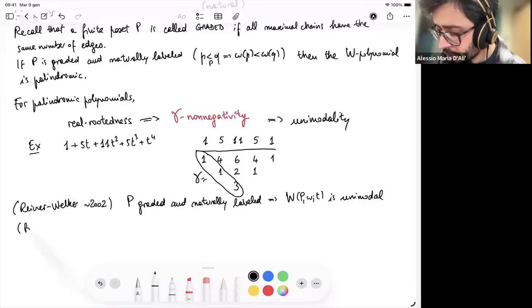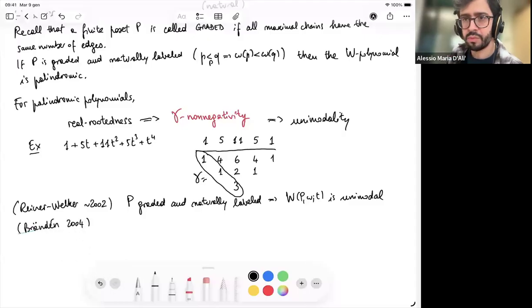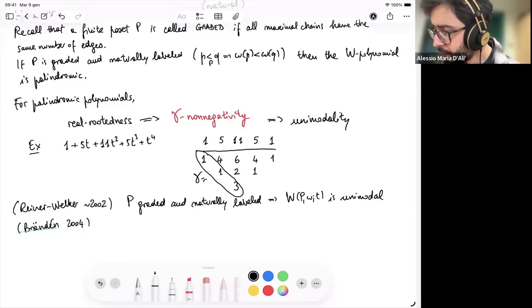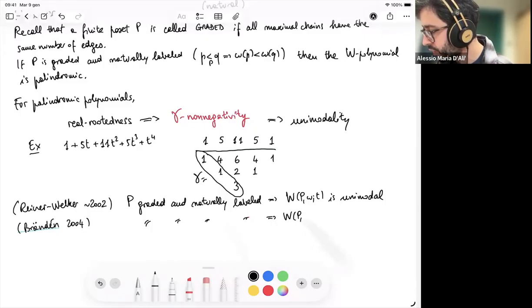And then, again, Brändén, in another paper, that is the one we are using the most for our paper with Akihiro, proved that under the same hypothesis, you can say more. You can say that this object is actually gamma non-negative.